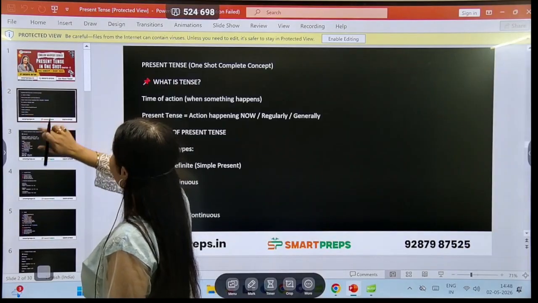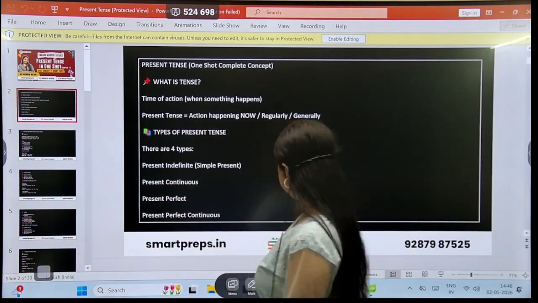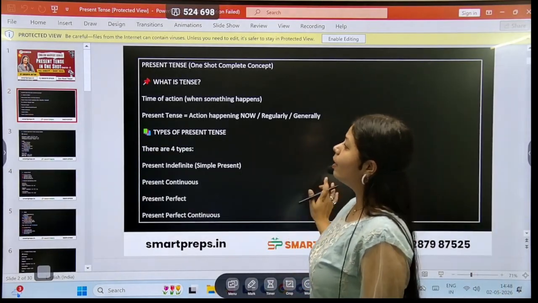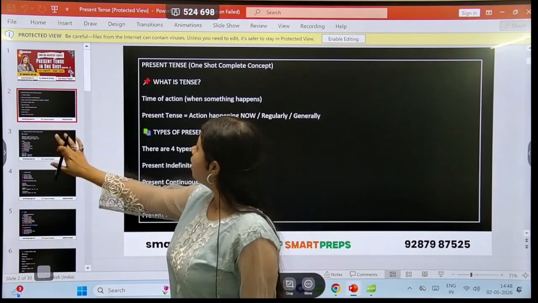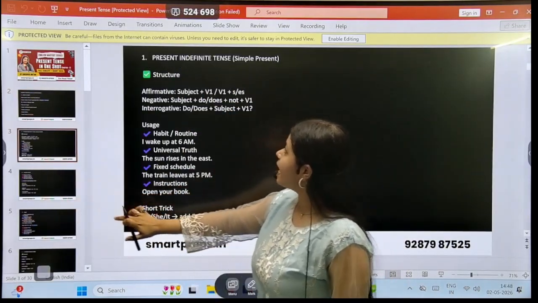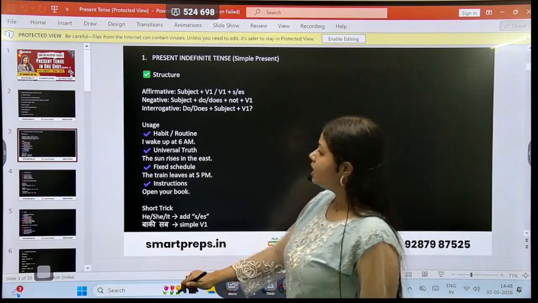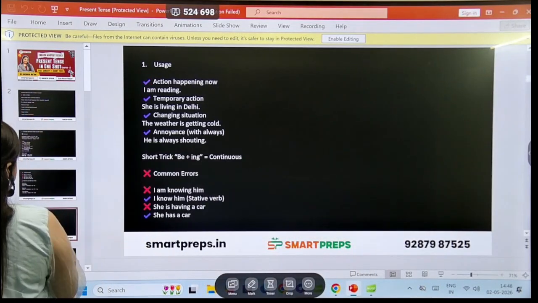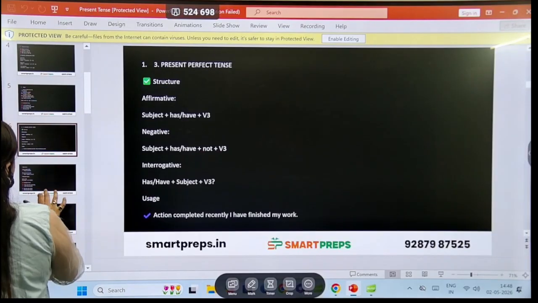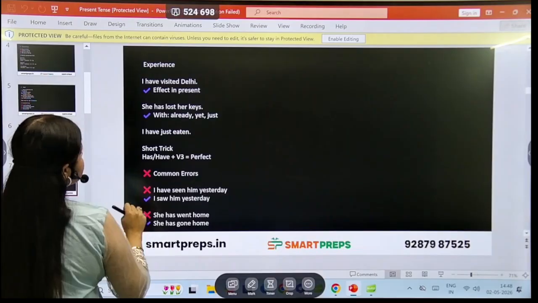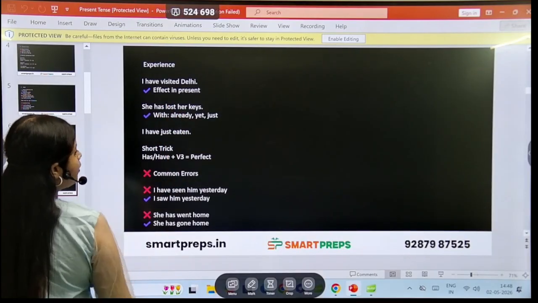So I hope you all are now understanding the concepts of the present tense, the types of present tense. We started with the various types of present tense, the common errors, the usages, then present perfect experiences, then the short tricks. In terms of experience, how do we use present perfect tense?